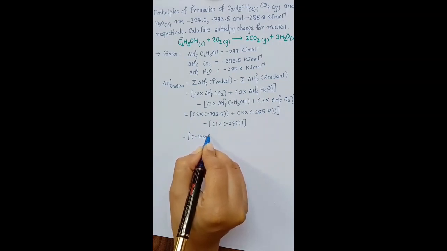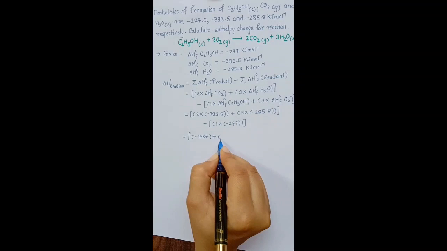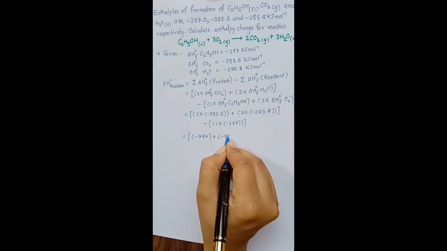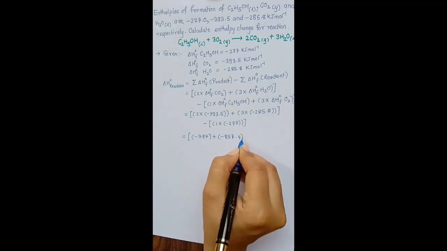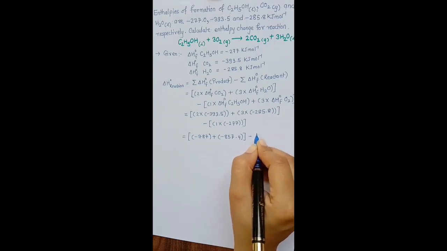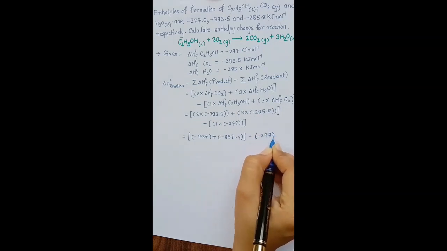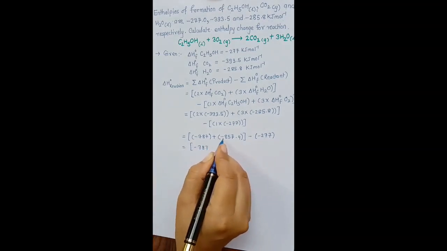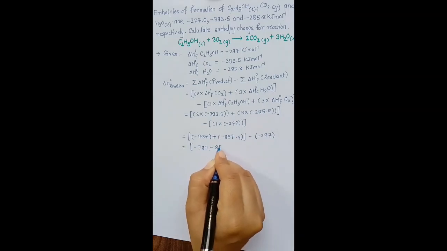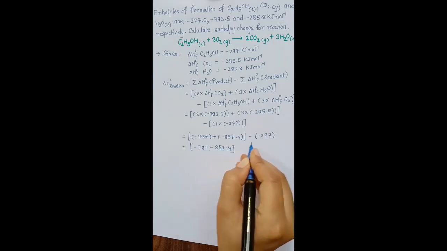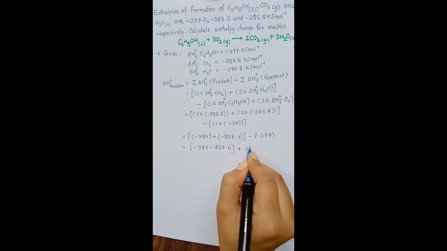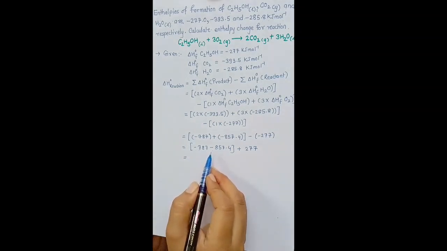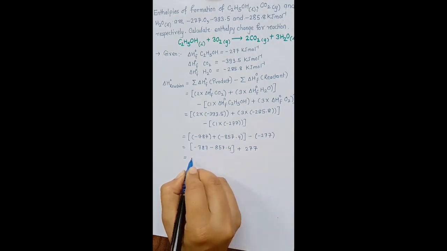Okay. So now 2 into minus 393.5 is equal to minus 787, plus 3 into minus 285.8 is equal to minus 857.4, minus 277. Minus 787, this plus minus becomes minus 857.4. This minus minus becomes plus. We know that minus minus is equal to plus and the sign of the bigger number.